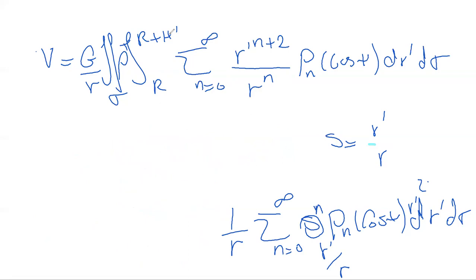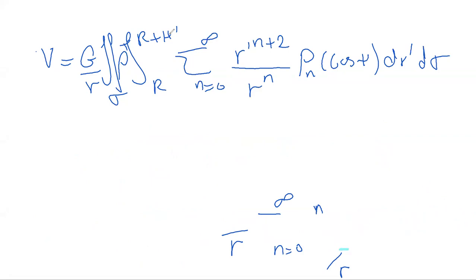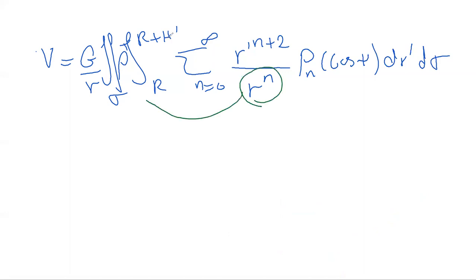So we have 1 over r to the power n here, which can go outside the integral as well. This one can go outside the integral as well. And if we rearrange this, we come to this.